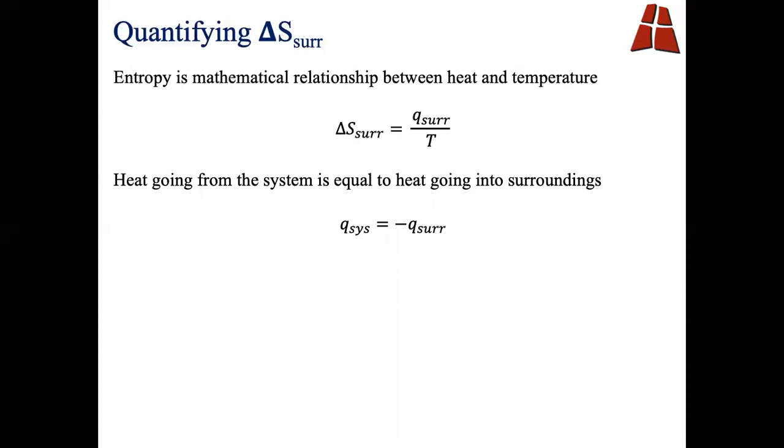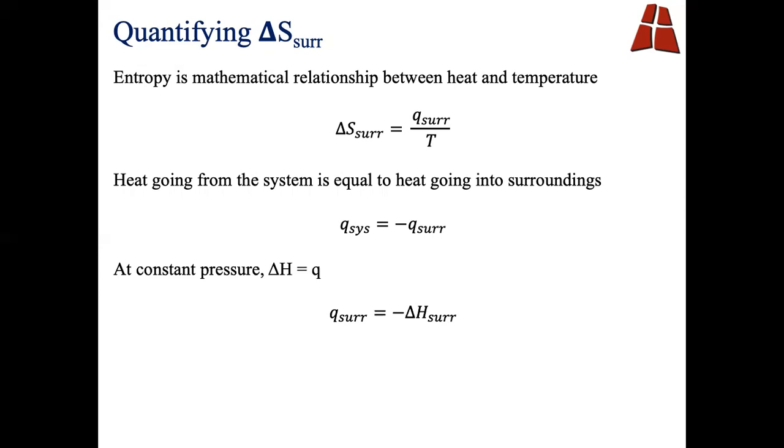And just a reminder again from General Chemistry 1 that whatever the heat of our system is will be the negative heat of our surroundings. So in this equation here, say that the heat of our system increases, that heat would have to come from our surroundings, right? So it would be losing the same amount there.